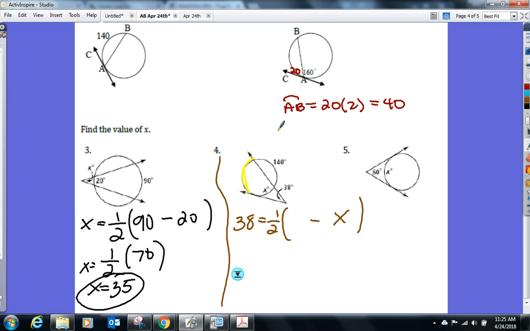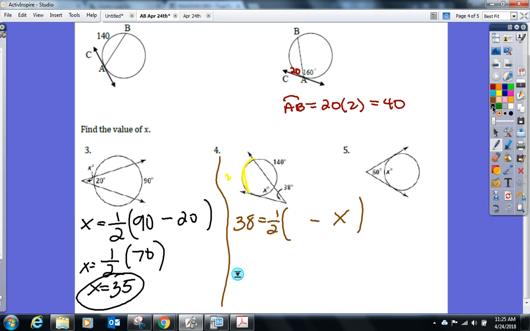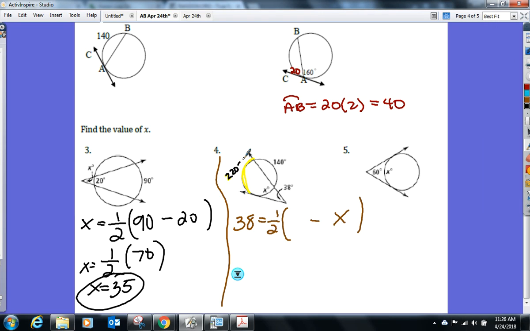I got 220 degrees for these 2 arcs. Well, that one's X, and these 2 make up 220 degrees. So if I'm calling that X, what can I call this one over here? 220 minus X. Yep, 220 minus whatever the other arc was, which is X.